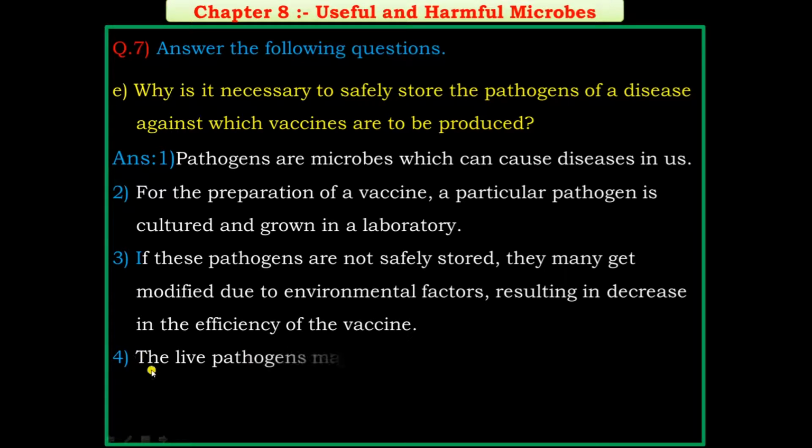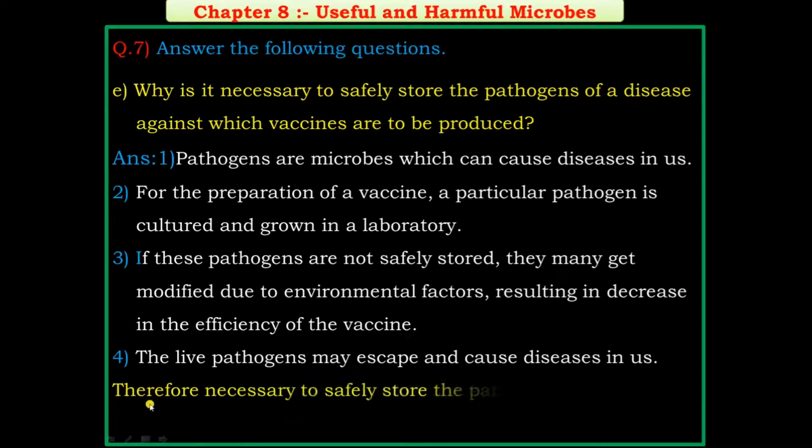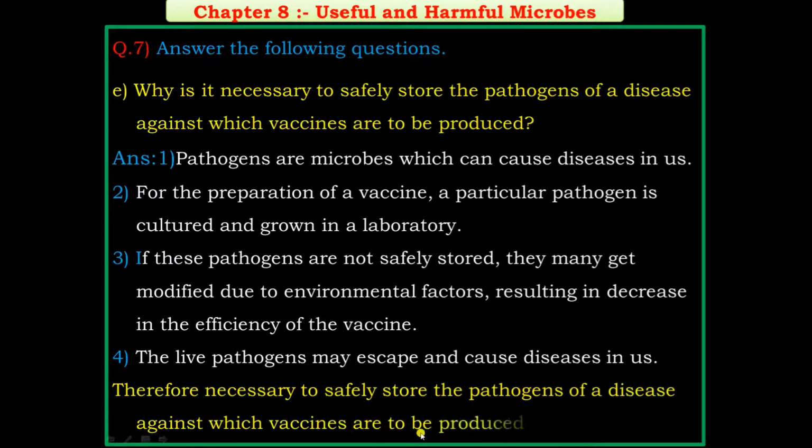Point number 4. The live pathogens may escape and cause disease in us. Therefore, it is necessary to safely store the pathogen of a disease against which vaccines are to be produced.